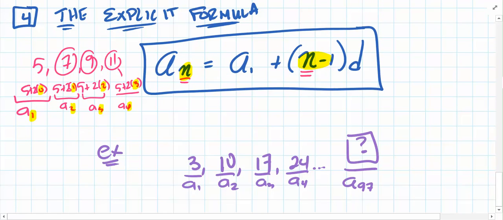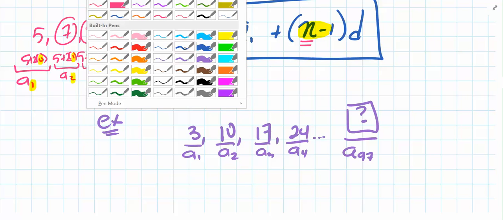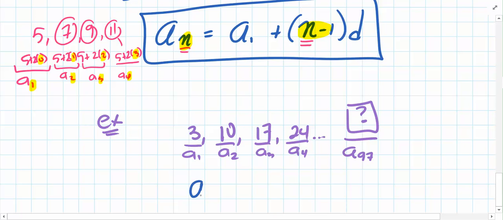Here's how it works. I am curious what is the value of a sub 97? It's the 97th term. I know it's going to be the very first term, which is 3, plus the quantity of 97 minus 1 multiplied by the common difference. What's my common difference in this case? It's by 7s, very good.